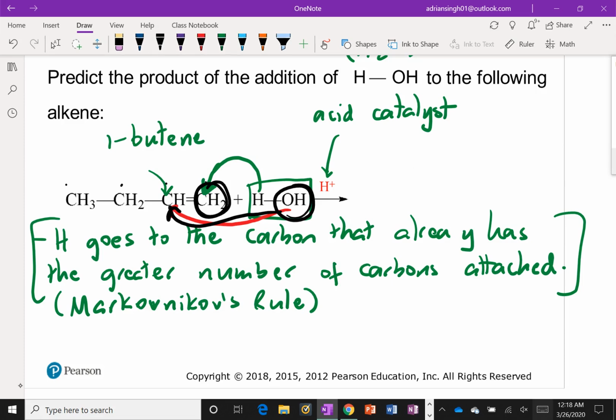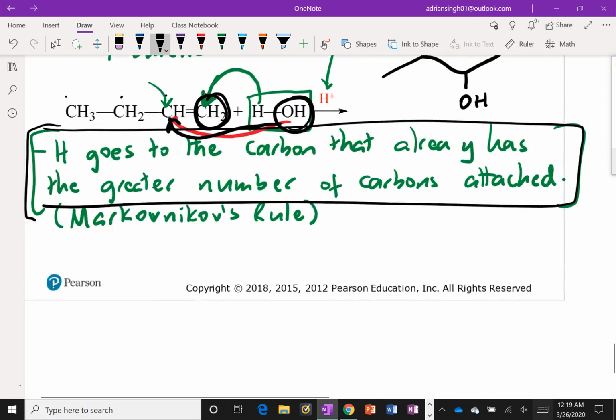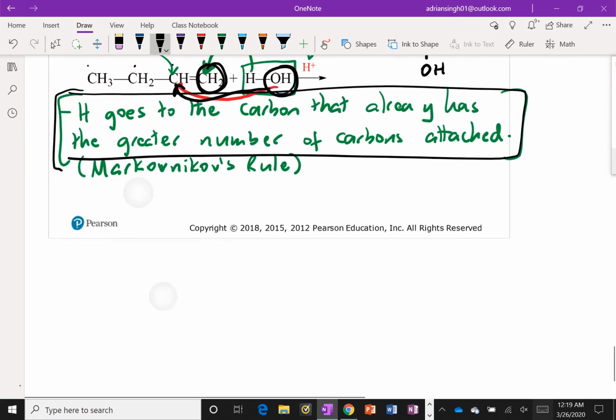So that rule, Markovnikov's rule, is going to guide us, and this really applies when you have bigger and bigger alkenes and alkynes. It's going to guide us in terms of where the H is going to go, which is going to tell us by default where the OH is going to go. All right, so that's hydration.